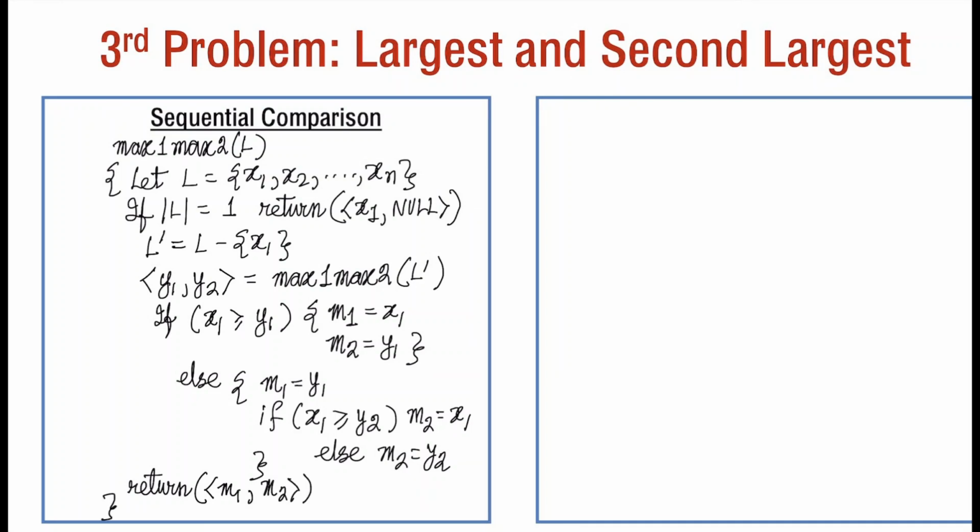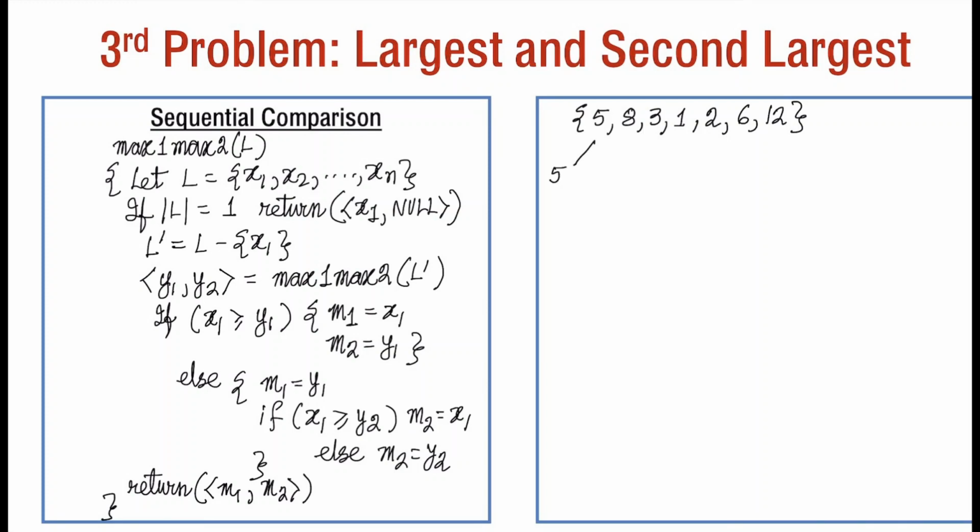So this is almost identical to the way in which we solved the max-min problem, only the comparison that we do after we return from the recursion is slightly different. So let us go back to our example that we solved. Our example was 5, 8, 3, 1, 2, 6, 12.